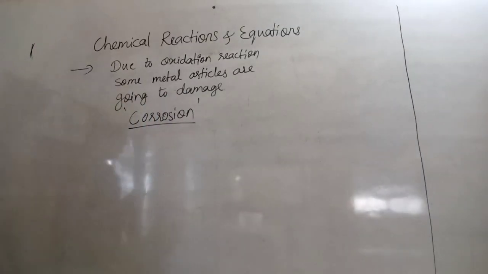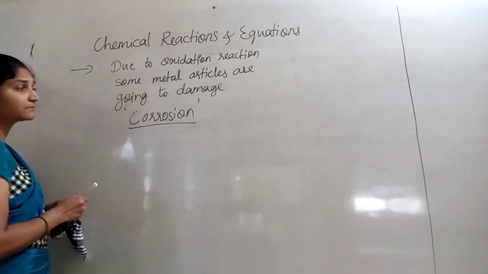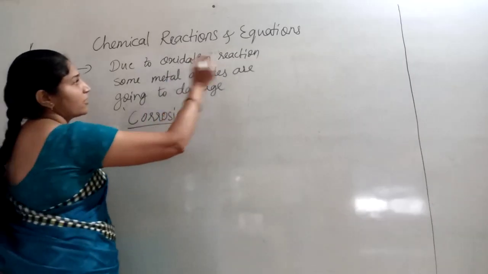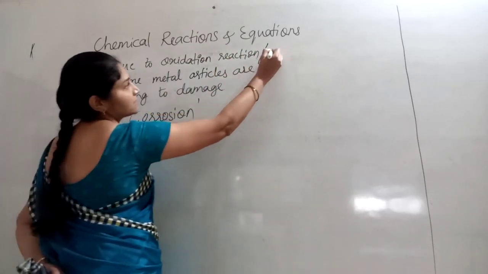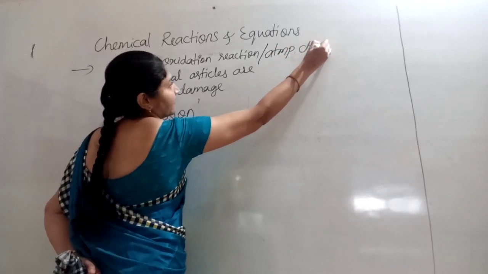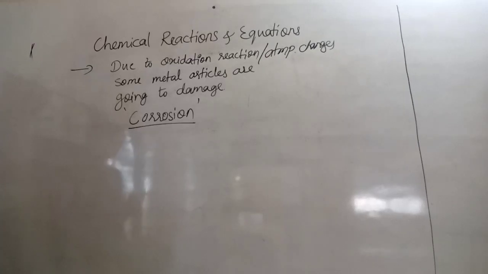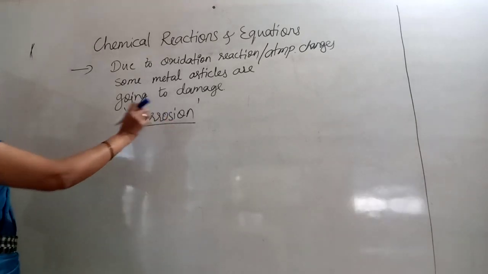Here, due to the oxidation process and also some atmospheric changes, some metal articles or substances are going to be damaged. That process we say is corrosion.